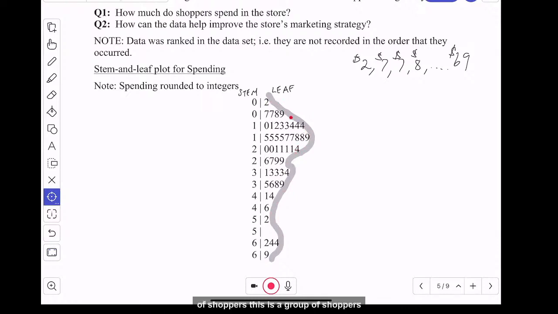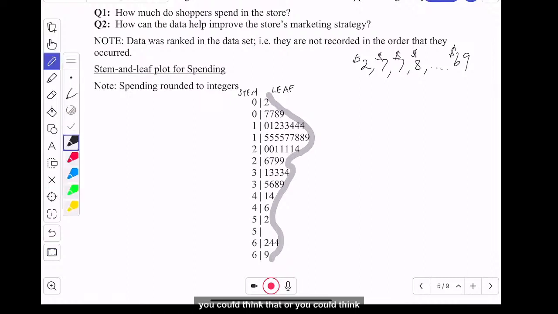This is a group of shoppers that spend a low amount of money. There's the middle group that spends a middle amount of money or medium amount of money, and then there's the high spenders here. The more they spend, the fewer shoppers there are that spend that much.